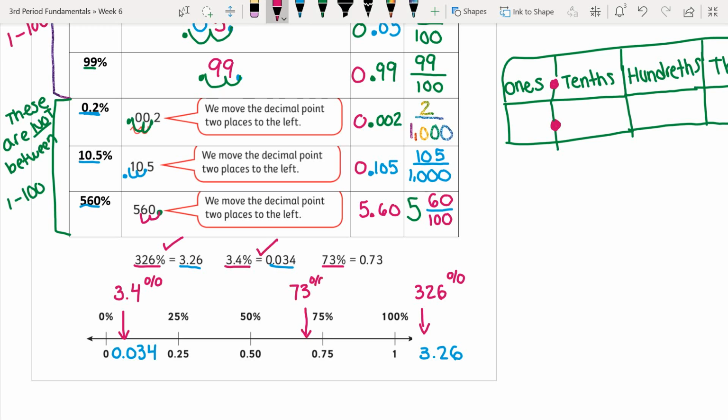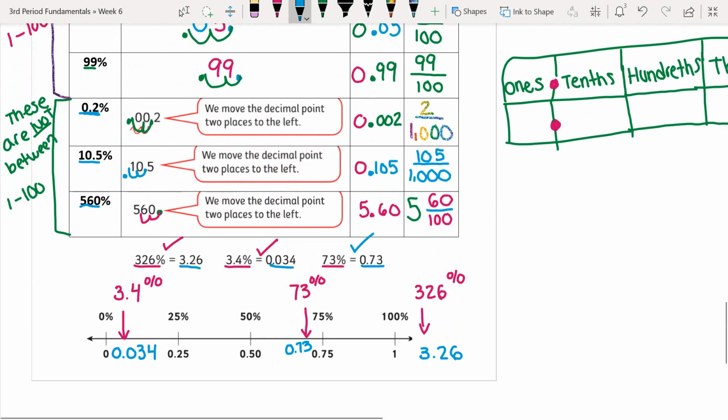Your arrow should be somewhere in between 50 and 75. So make sure that's where you have it. If you made a mistake on this one, please correct it. And then finally, you should have added in that decimal right below, 0.73. And that's it. That is it.